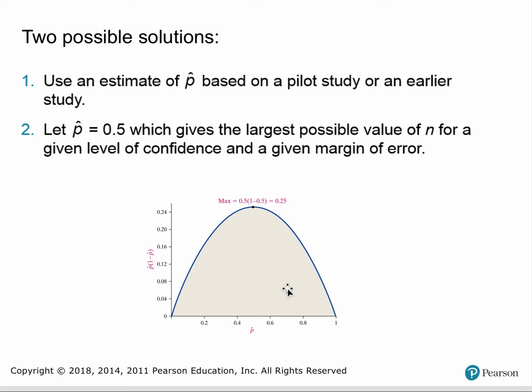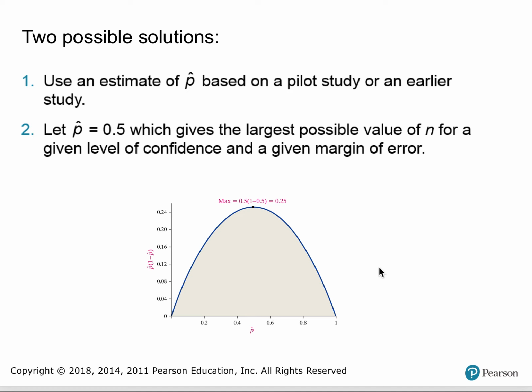Think about this. We know that larger sample sizes produce more precise estimates from our law of large numbers. So, suppose you want to estimate a proportion with a 3% margin of error and a 95% confidence level.